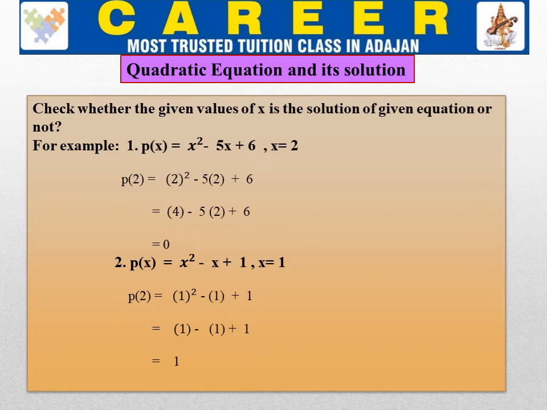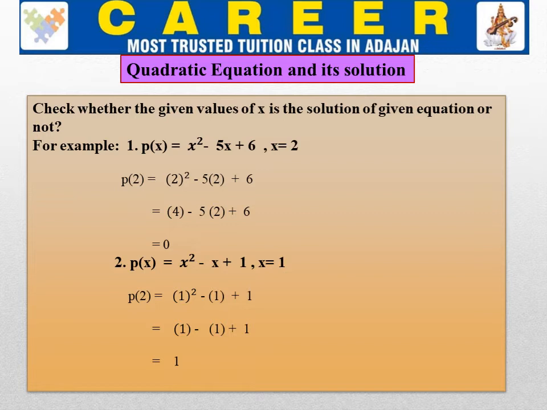So in this case, first you can see x square minus 5x plus 6, where x equals 2 is the value given to you. Now put x equals 2, and you get P of 2 is equal to 0. So yes, x equals 2 is a solution of the given equation.